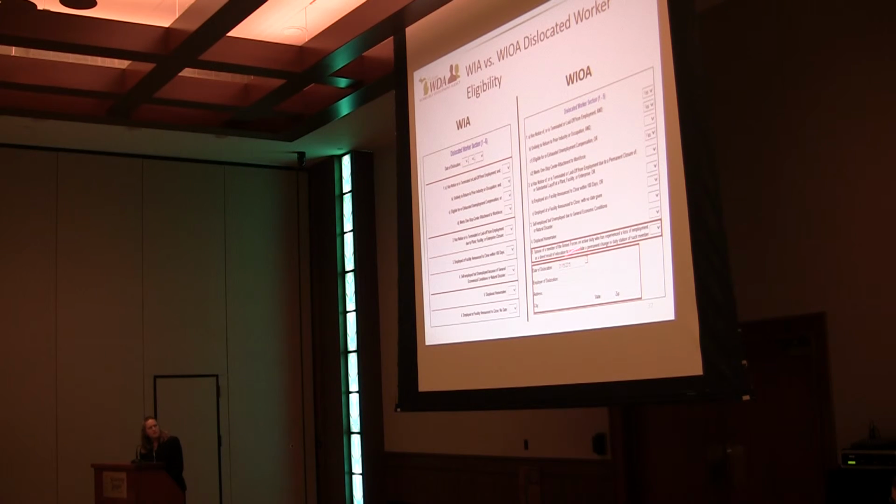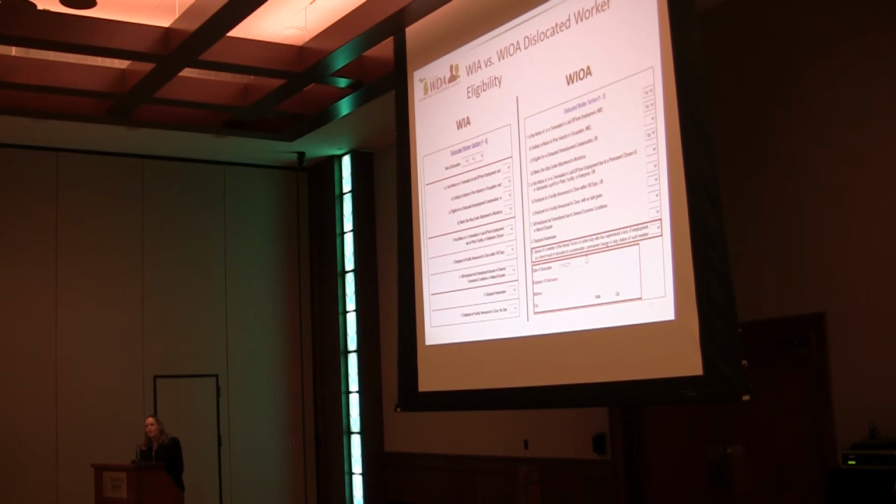You'll also see some new fields at the bottom of the section on eligibility. The old date of dislocation used to be at the top. We've moved that to the bottom, and we are changing that to a required field. Right now it's optional, but it will be required with WIOA.